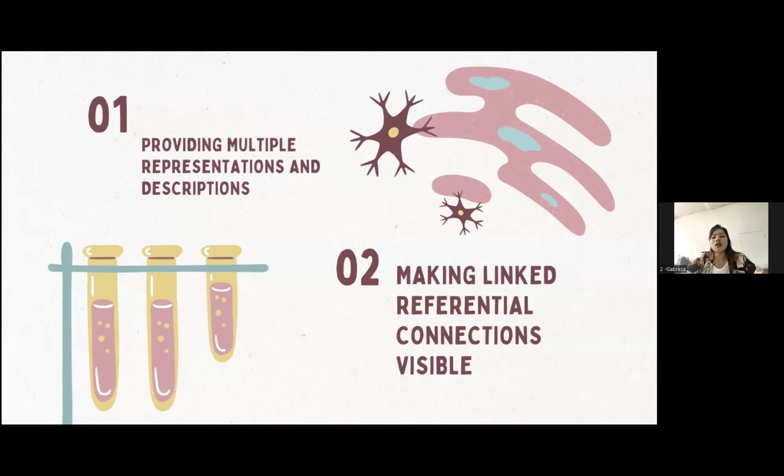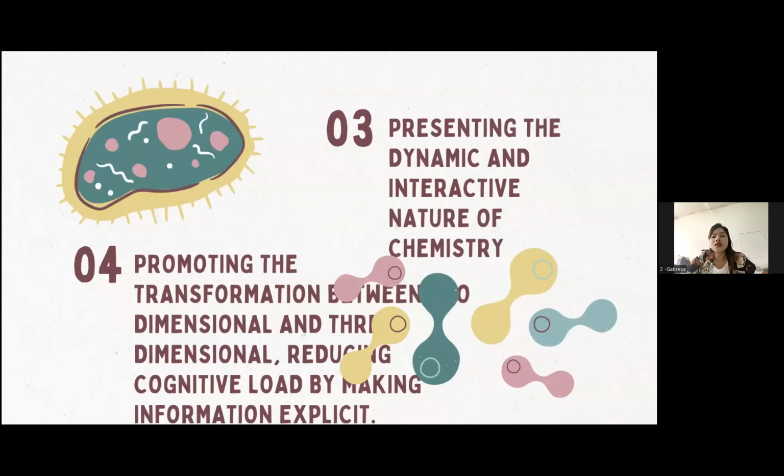Second, making linked, referential, visible connections. Third, presenting the dynamic and interactive nature of chemistry. And fourth, promoting the transformation between two-dimensional and three-dimensional and reducing cognitive load by making information explicit.